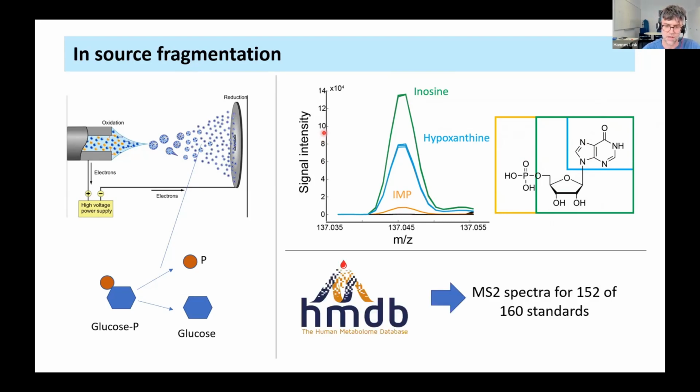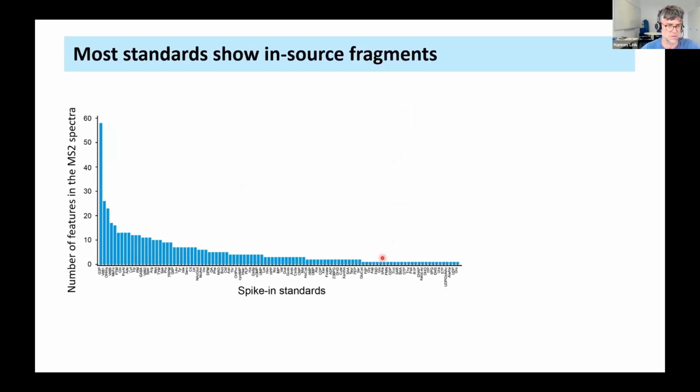So again, we tried to explain this systematically and went to the Human Metabolome Database to get the MS2 spectra of most of our standards. We got 452 of them, and then we looked at which of our significant features match a feature in the MS2 spectra. So what is the overlap there? This is now on the y-axis. You see, for our spiking standards, which of these significant features match a feature in the MS2 spectra.